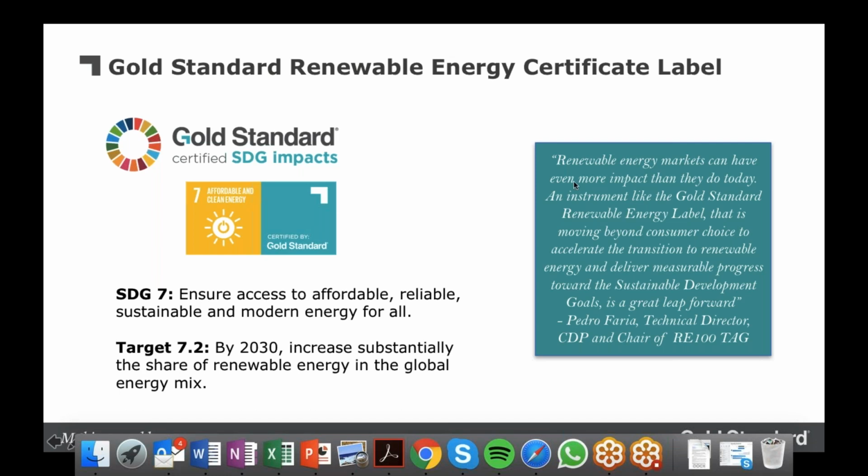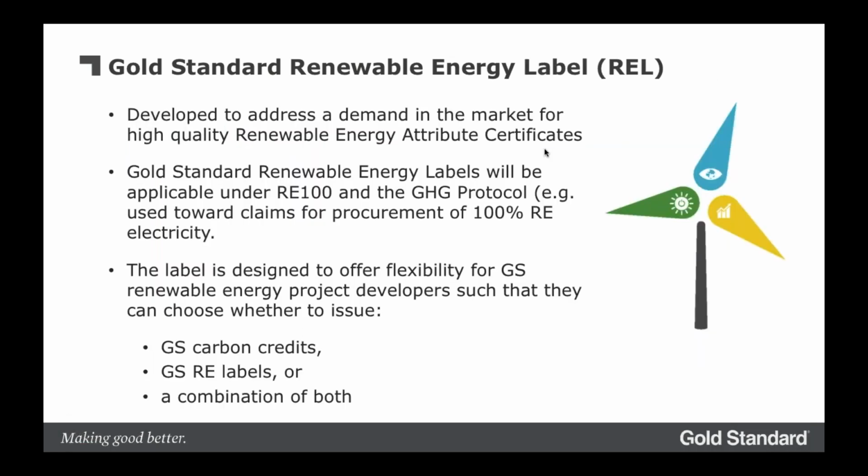Having said that, Gold Standard is labeling these certificates, not issuing and tracking the actual production of renewable energy certificates. That will be done by existing certification schemes. And if we go to the next slide, please.